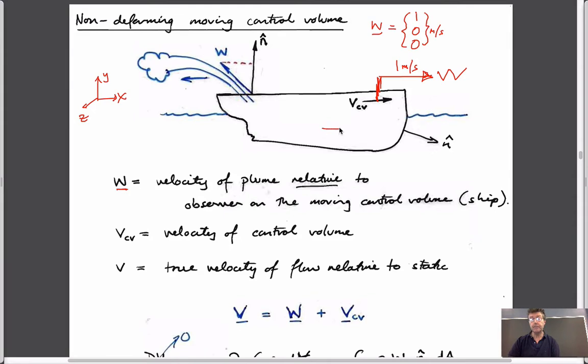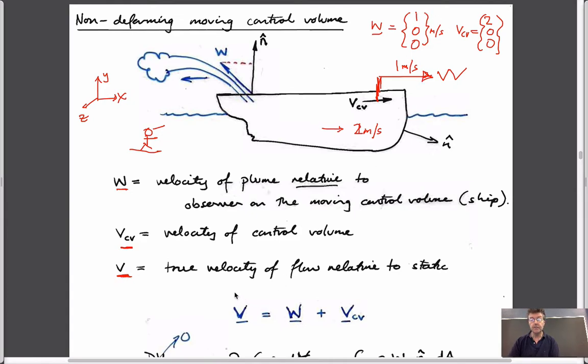If the ship, the control volume, is moving at, actually let's have it 2 meters a second, just to differentiate, then the velocity of the control volume and the control surface, since it's not deforming, is going at 2, 0, 0. And so relative to the person standing on the quayside watching this, the true velocity of flow relative to that observer is equal to the sum of these two components.